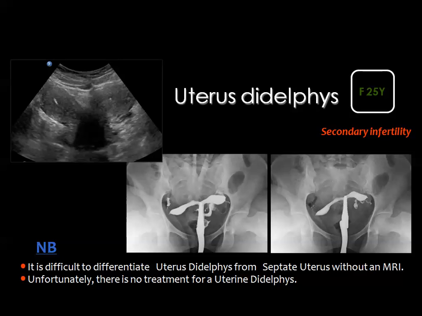You should remember that in uterus didelphys there are two separate uterine bodies, two separate uterine cavities, two separate cervical canals.